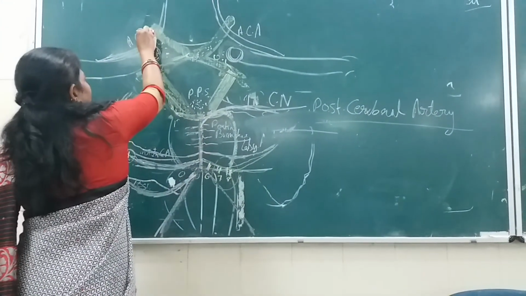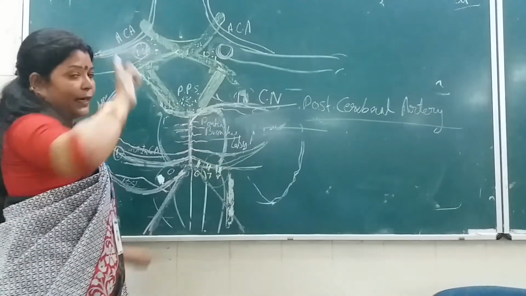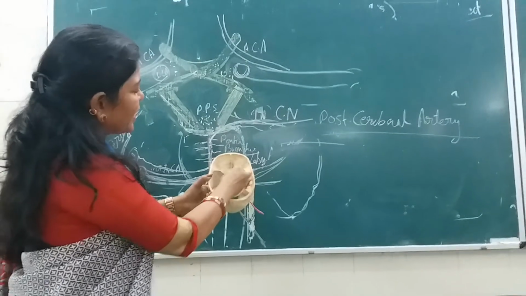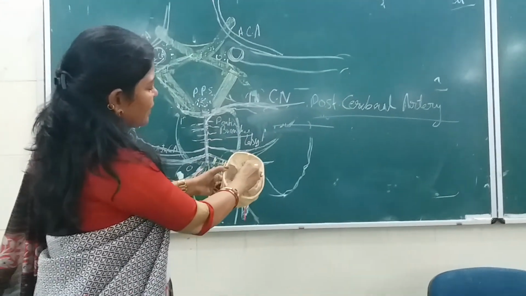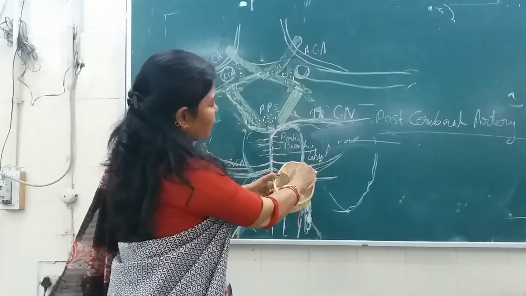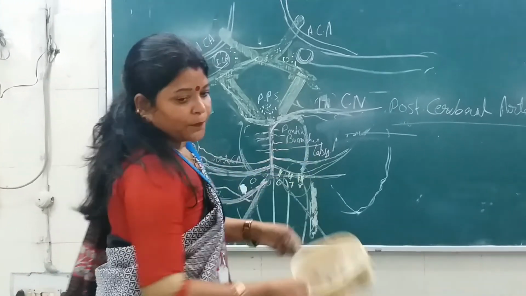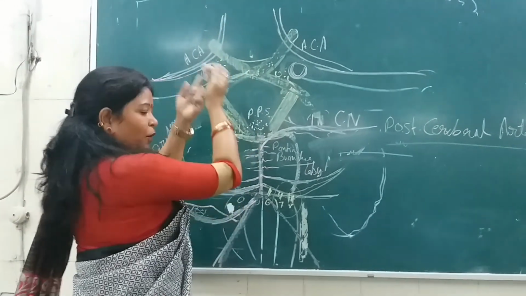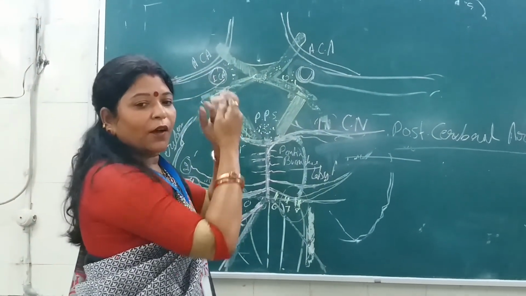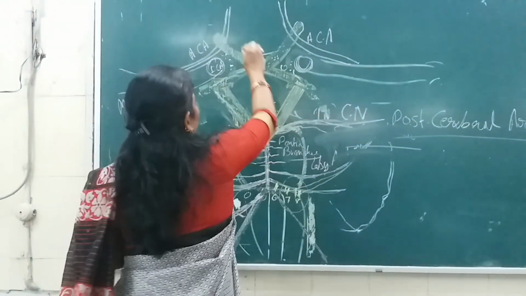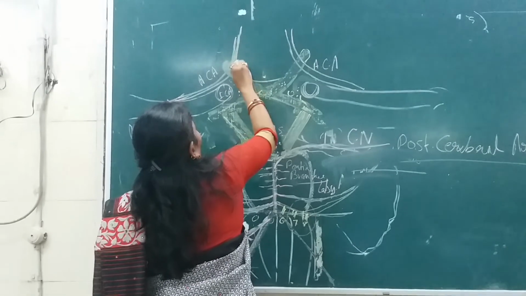Suppose this optic nerve is going inside; it will cross over this artery, the anterior cerebral artery, which will move forwards and medially on both sides. And then its course will be on which surface? On the medial surface of the cerebral hemisphere. It will move forwards and medially.